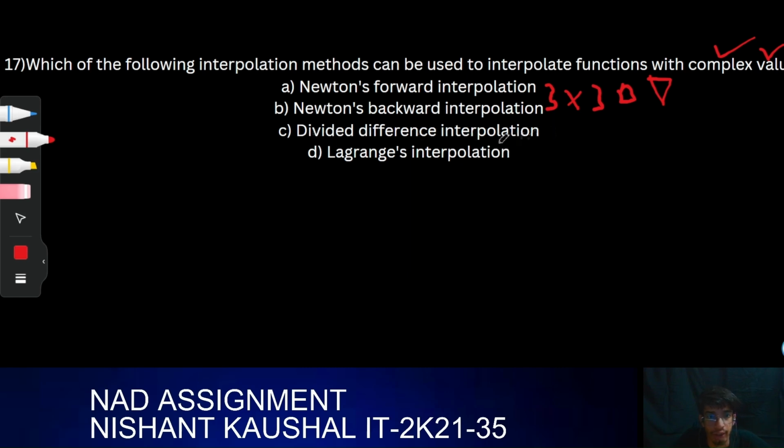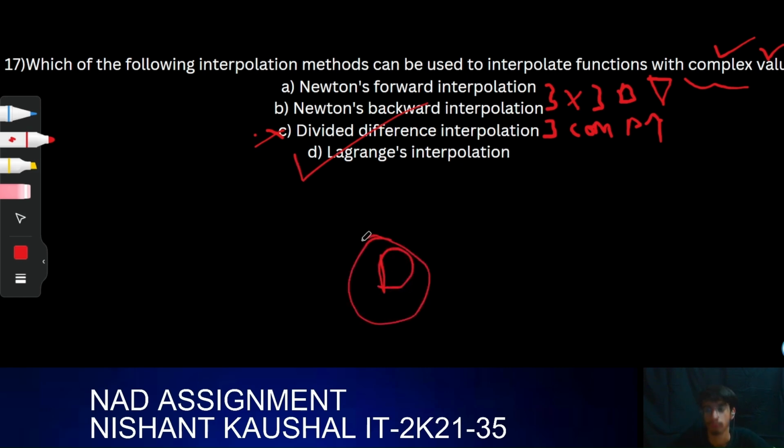In divided difference interpolation, we use the concept of divided differences, so its computation is much higher, and we can't use complex values even in divided differences. So the answer will be D, Lagrange's interpolation.